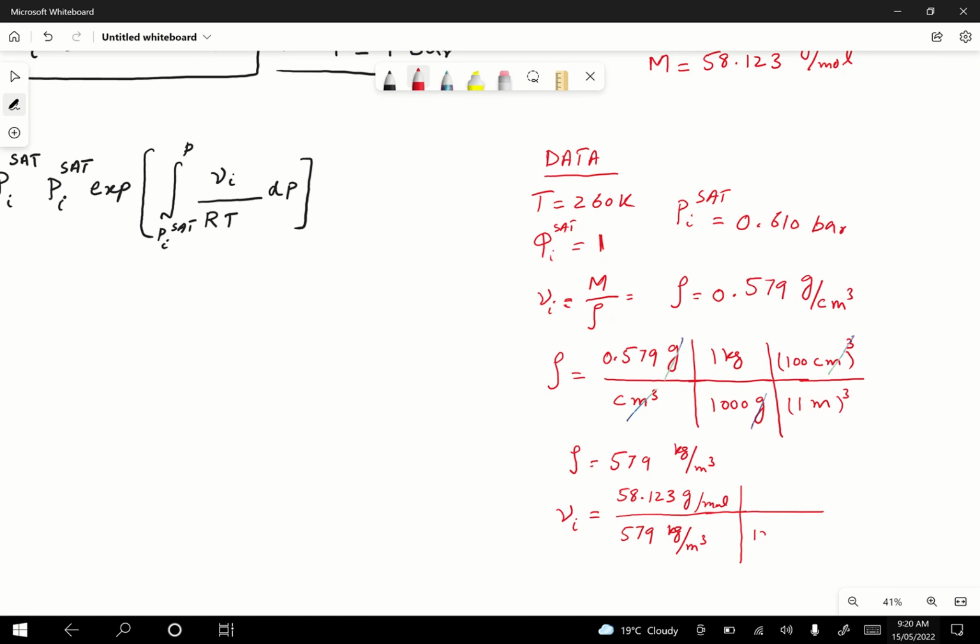So we can say 1000 gram is equal to 1 kilogram, right? So basically this will be the conversion factor.